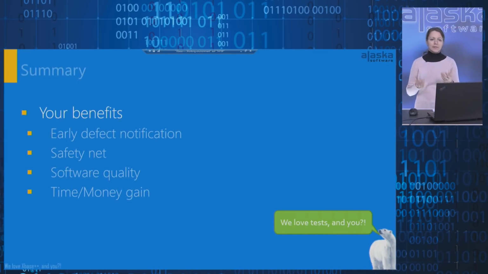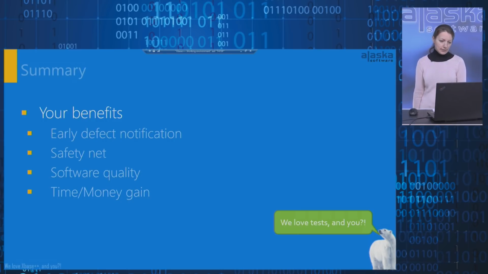And summary. I listed some benefits of testing in this slide for you. And the first one is early defect notification. Tests improve your chance of detecting any given defects at the earliest possible moment, which tends to minimize the work needed to diagnose and correct a defect.